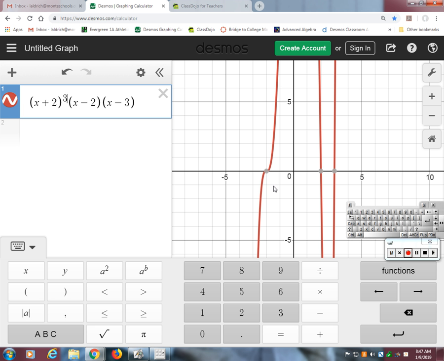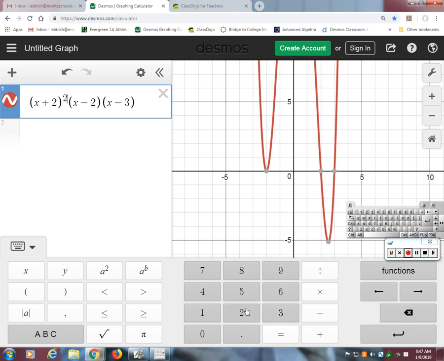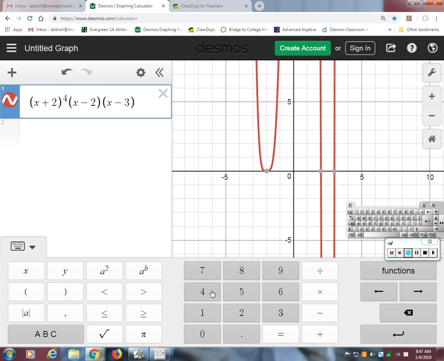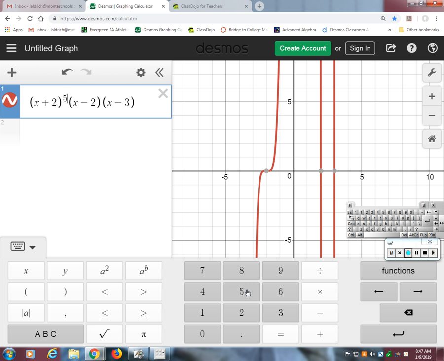And so what's important for you to understand is that if the multiplicity, as we call it, is even, good hangman word, if the multiplicity is even, so for example, if that's a 2, or if I change that just for funnies to a 4, or I can change it to a 6, the graph is just going to come down and touch the x-axis 1 time and then go back the other way.